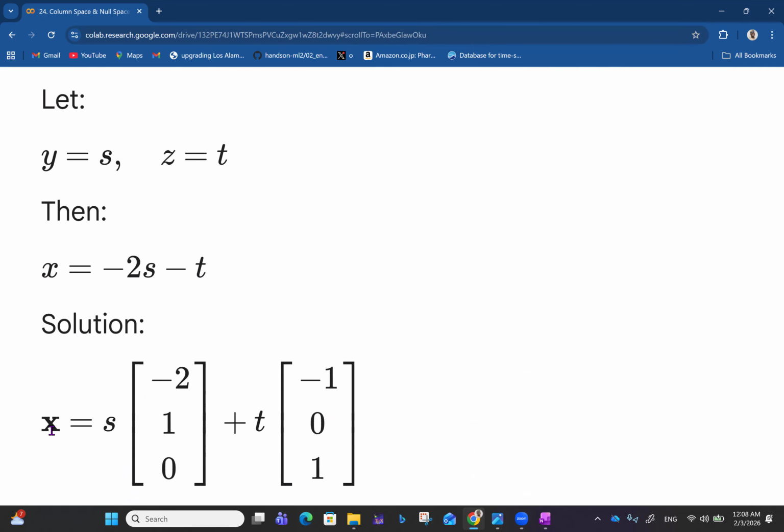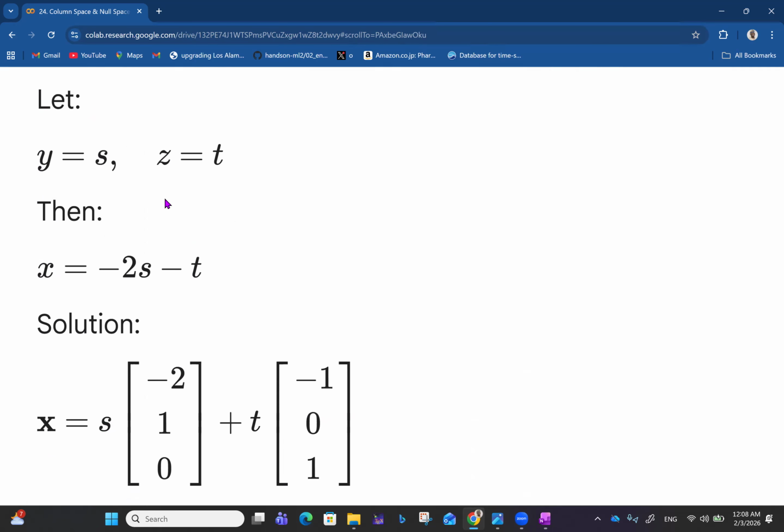To form the basis, x is minus 2s minus t, y is s, z is t. Because x, y, and z have now been written in terms of s and t, we can take the coefficients.